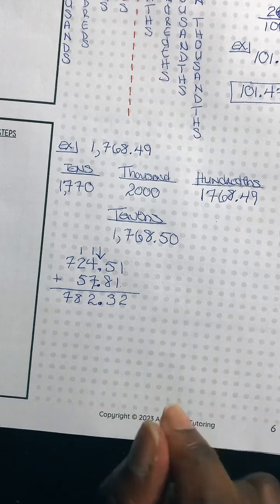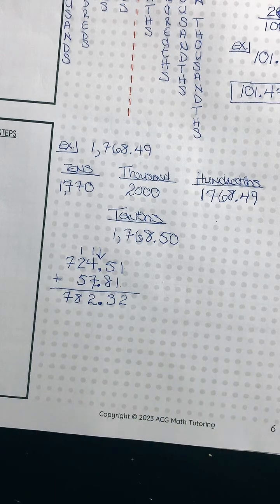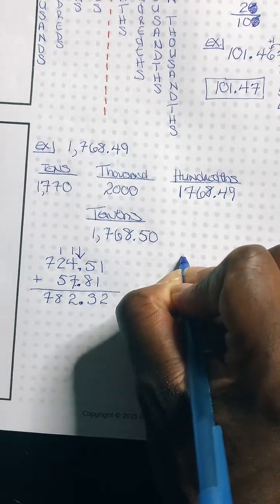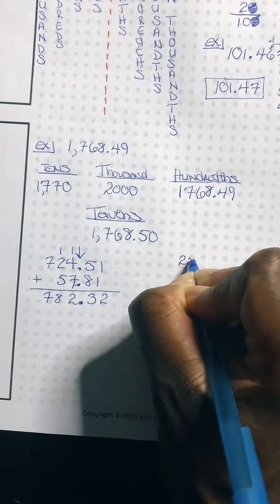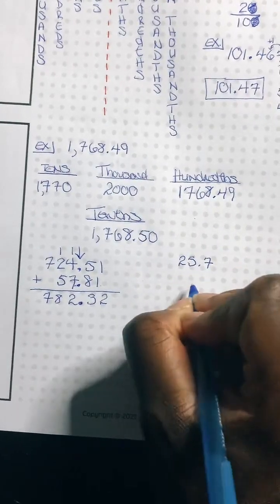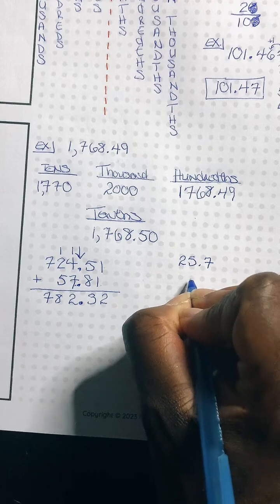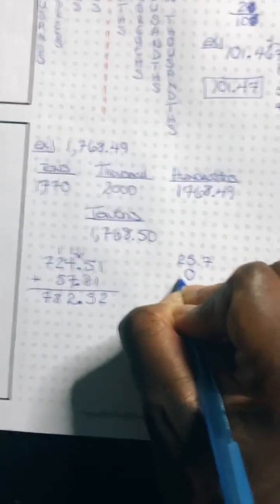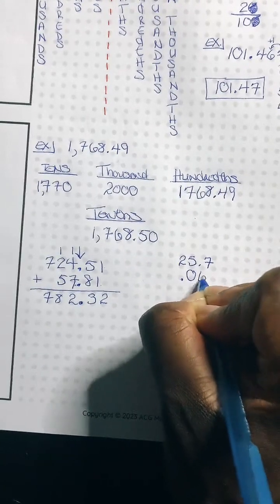Now, here's the thing. When it comes to multiplying or dividing, they don't need to line up, okay? But this is what a lot of people do. So let's not get too technical. Let's say 25 and 7/10 times, let's say 6.00.